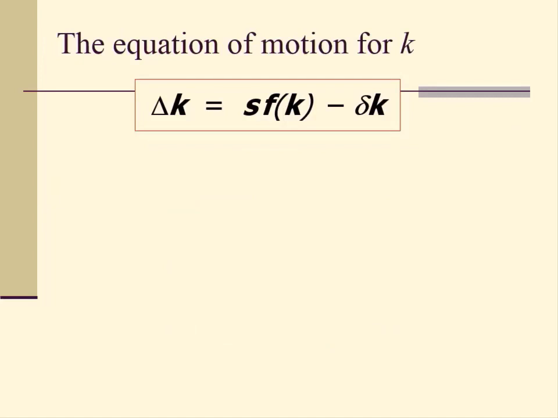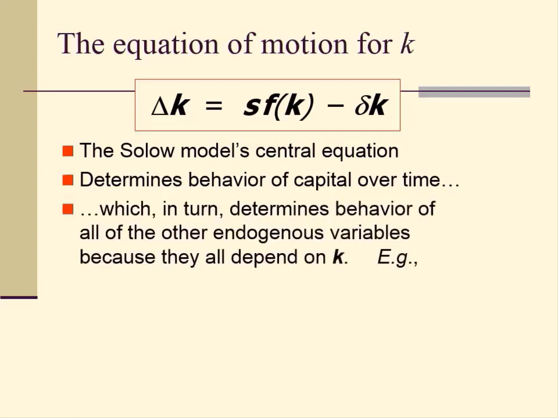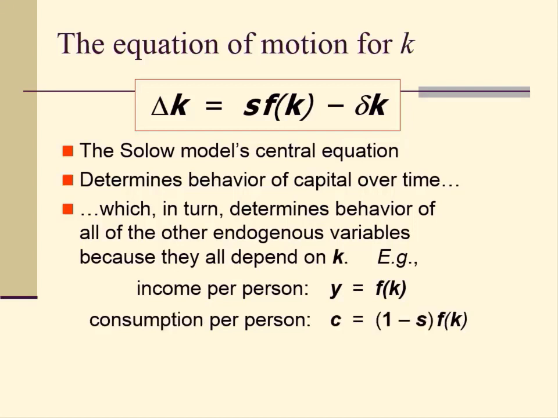And this is known as the equation of motion for k. This is the Solow model's central equation, and it determines the behavior of capital over time, which in turn determines the behavior of all the other endogenous variables, because they all depend on capital stock per worker. For example, income per person, y, is a function of capital stock per worker, f of k, and consumption per worker, c, equals (1 minus s) times f of k.